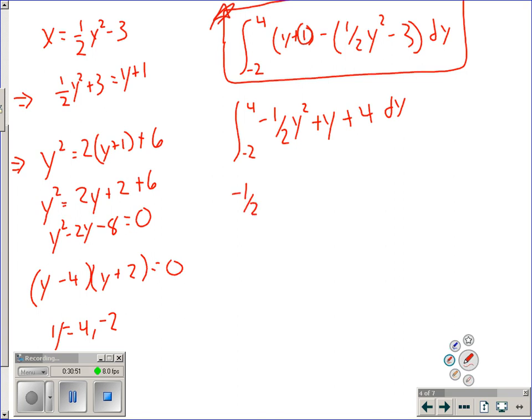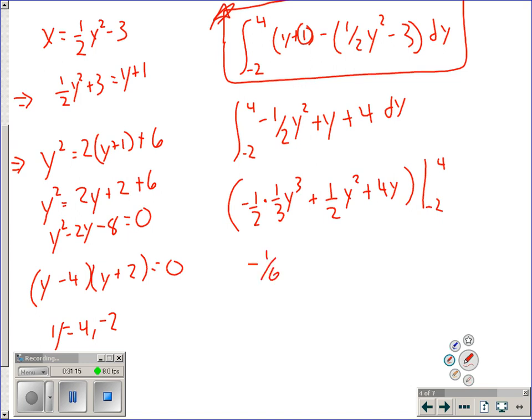Negative 1/2. Oh, sorry. If I were to integrate this, that's going to be negative 1/2 times 1/3 y cubed plus 1/2 y squared plus 4y, all evaluated from negative 2 to 4.